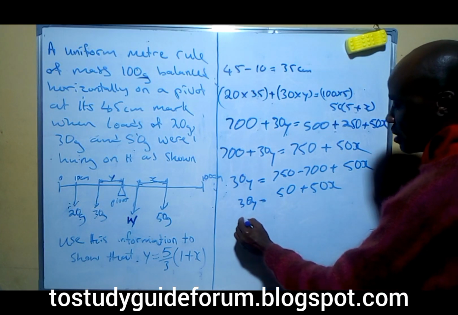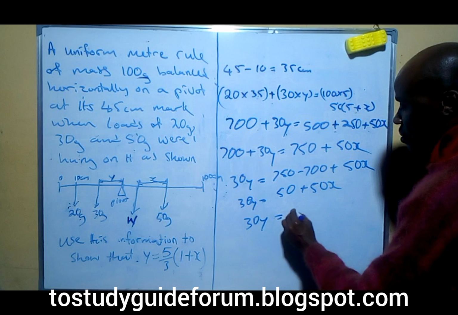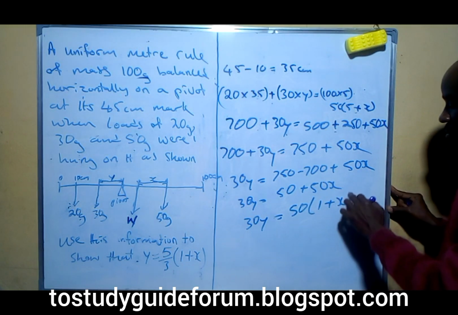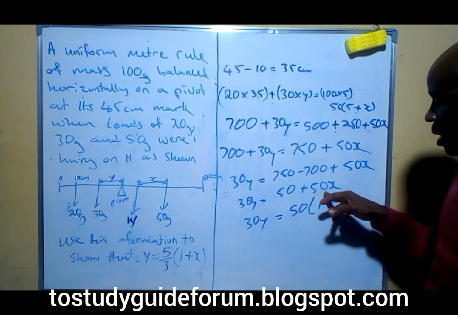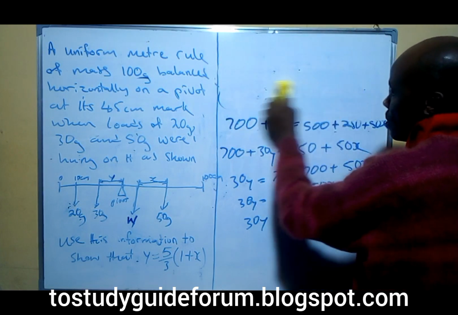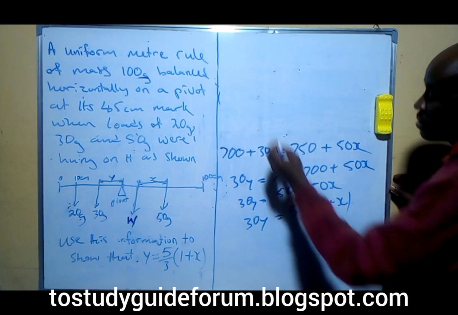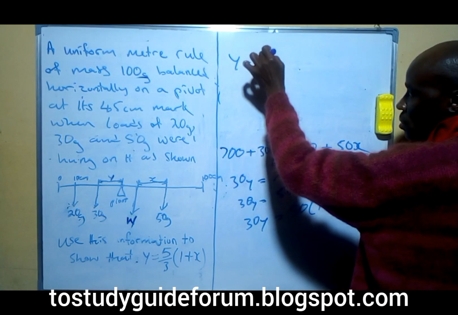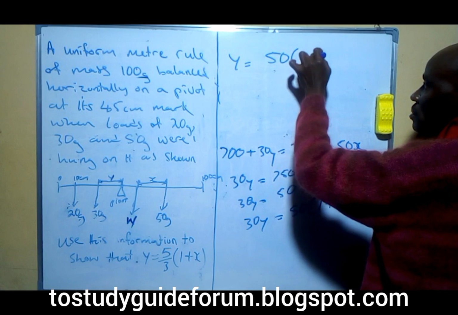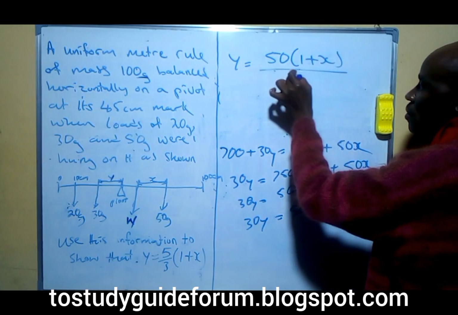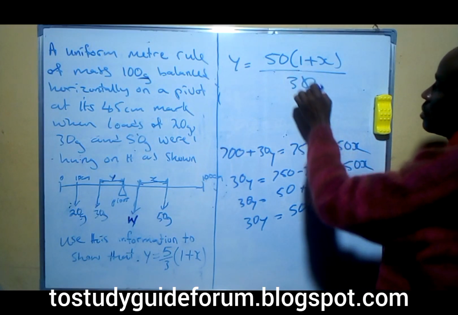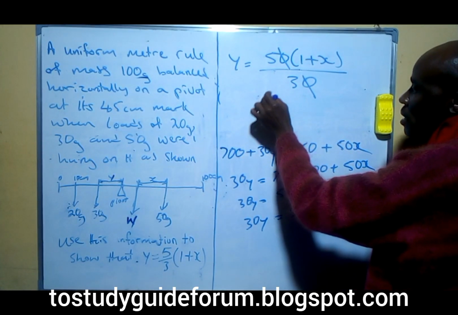So the next step: 30y is equal to 50 bracket 1 plus x. Since we have 50 in both terms, we can put it outside the bracket. So y is equal to 50 bracket 1 plus x all over 30. The zeros cancel out to have 5 over 3.